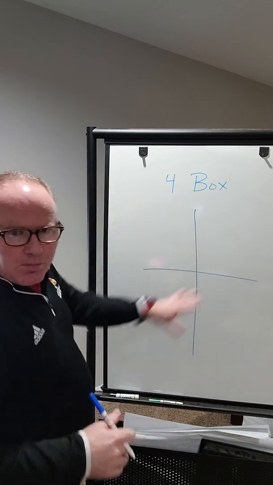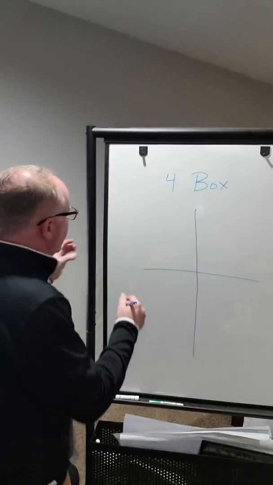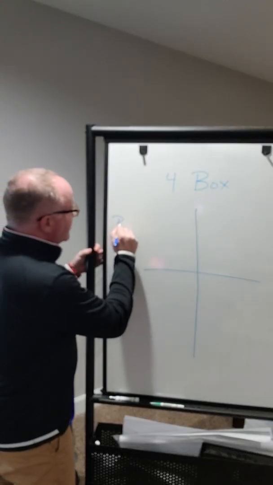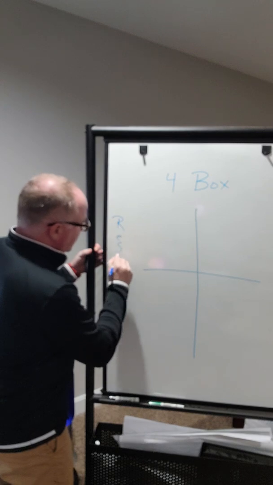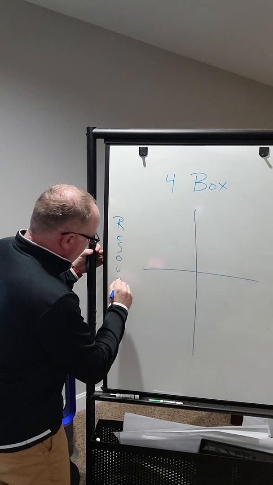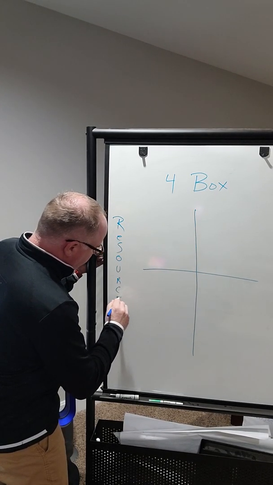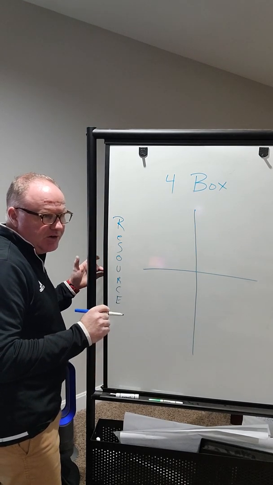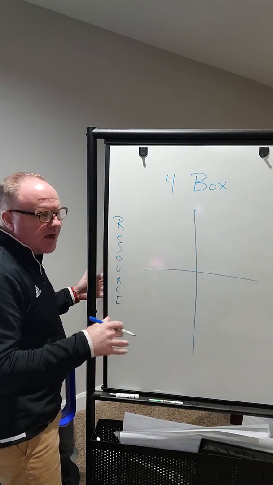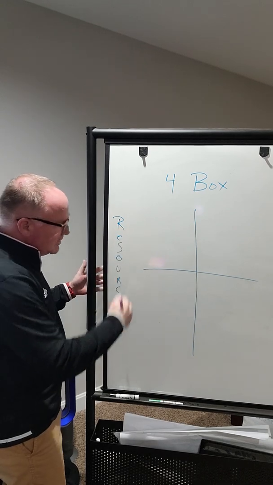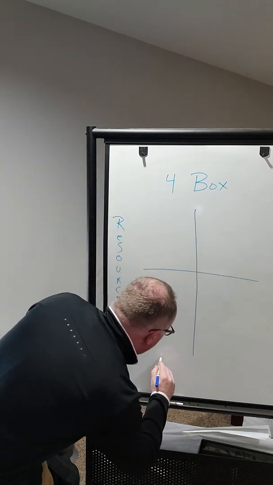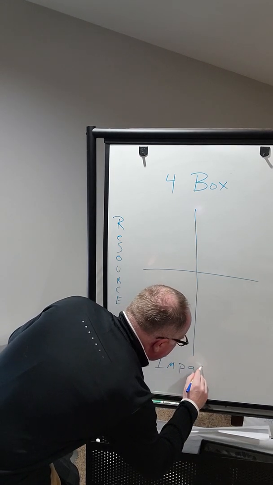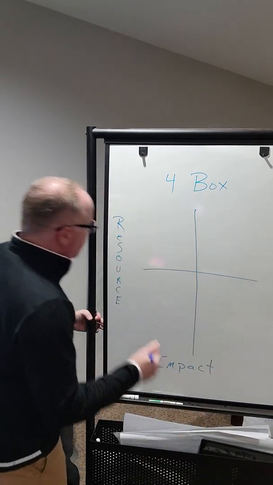So, a simple four box you might be familiar with. On the vertical side, we're going to put resources. Oftentimes that's money, that's people's time, that's, if you're in an organization that has volunteers, it could be any number of things, but resources here. And then on the bottom, going across, we're going to call that impact. So as we think about this, very easy.